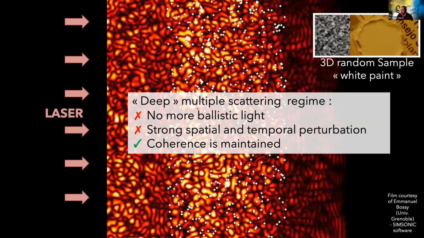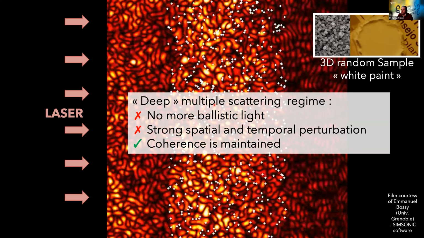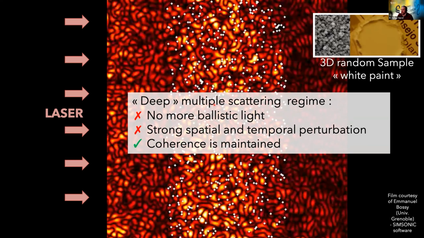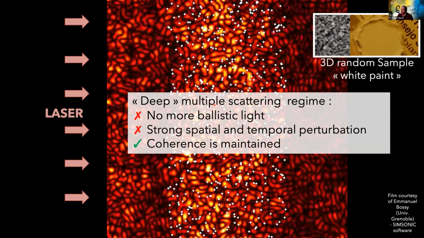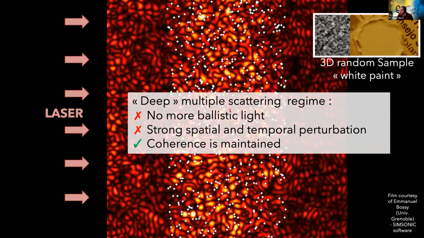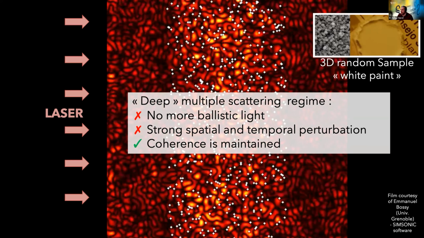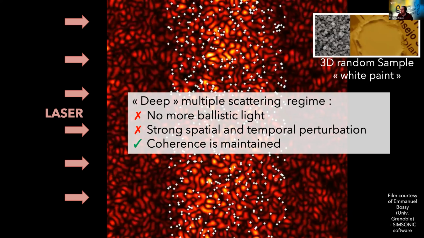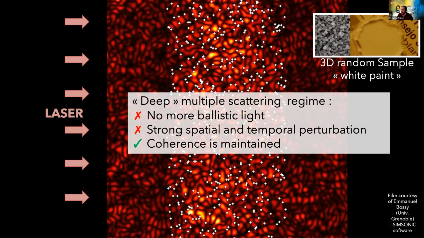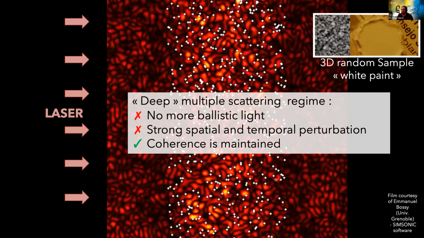It's this deep multiple scattering regime that we are interested in, where there is no more ballistic light and extremely strong spatial and temporal perturbation. Still, the coherence, this interference phenomenon that you can see, is maintained, and this is the hope, the tool that we can use to exploit this scattering process.